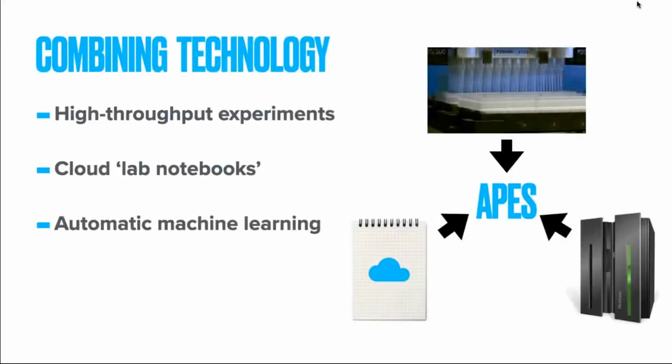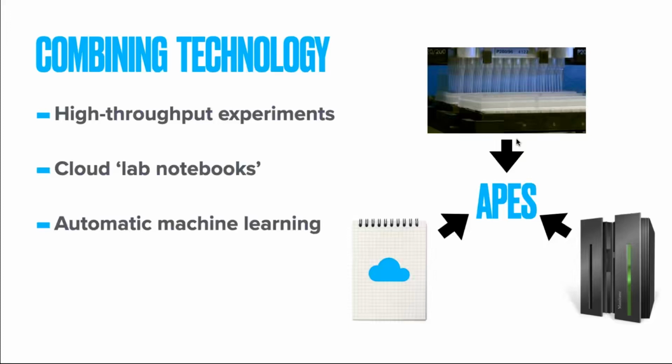It goes around and around and around, as you can see, right? We go from these high throughput machines to what I call cloud lab notebooks, to the automatic machine learning, and back again, okay? Each time refining what we're accomplishing, getting closer and closer to discovery.